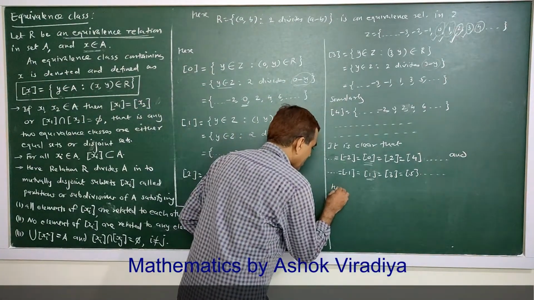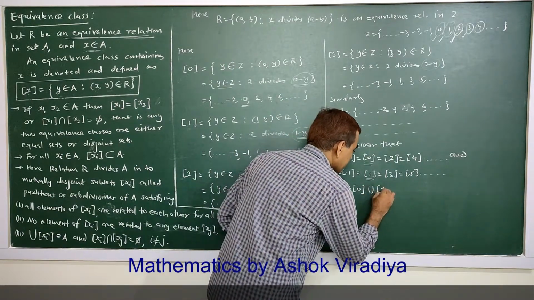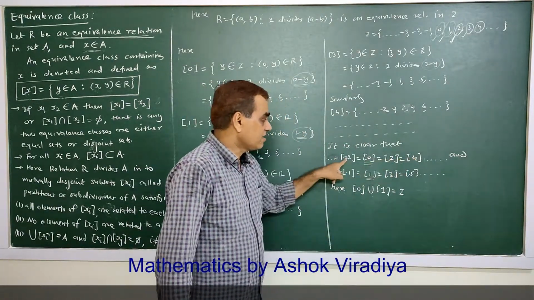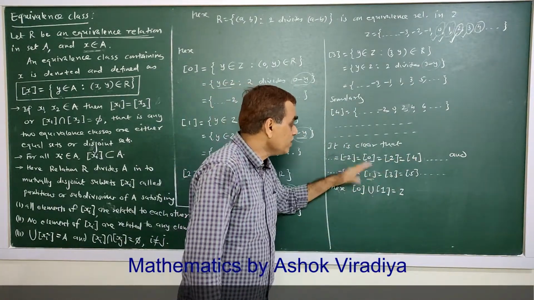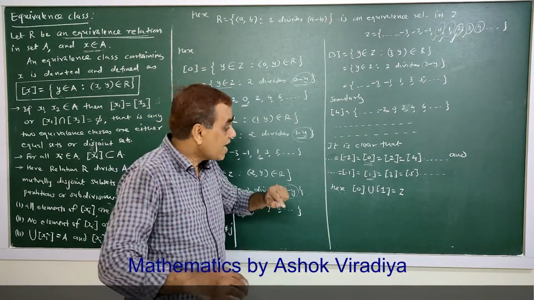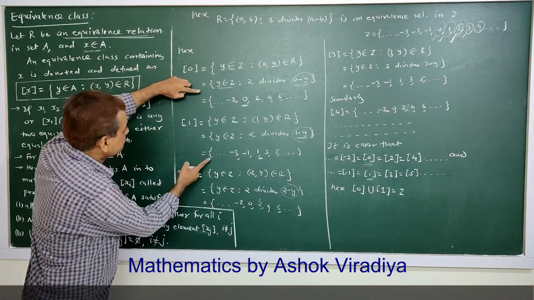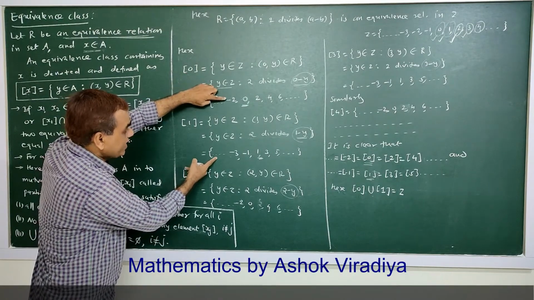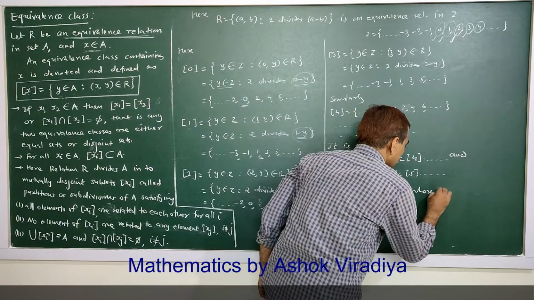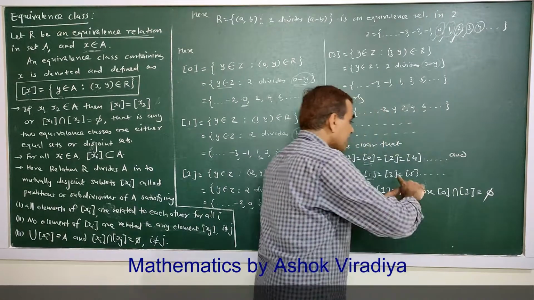Here the equivalence class containing 0 union the equivalence class containing 1 is Z. That means take this set and this set, their union is Z. And see one more thing, these sets are disjoint. The intersection is the null set, the intersection of these is empty, they are disjoint.